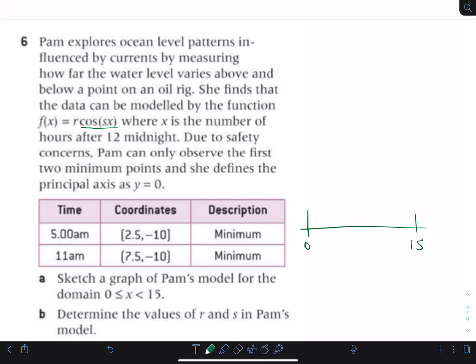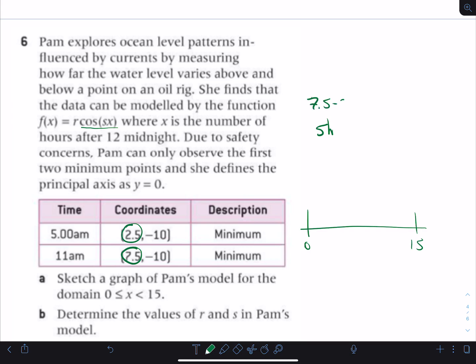And let's chop that up. Notice that there's a minimum at 2.5 and there's a minimum at 7.5. That's the time, because that's on the x-axis. So that means there's 5 hours.